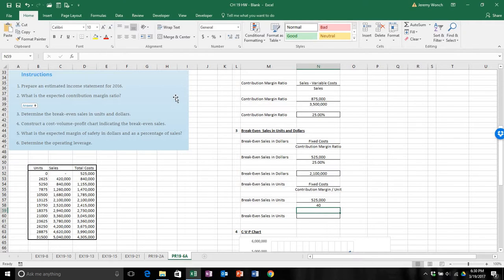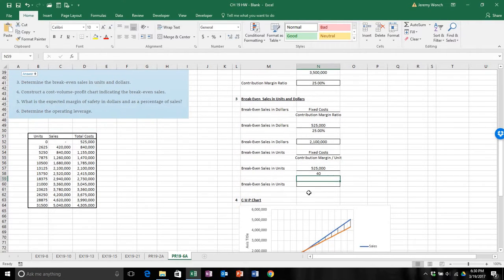So the contribution margin per unit is going to be $40. Which means our break-even sales in units is going to be 13,125.